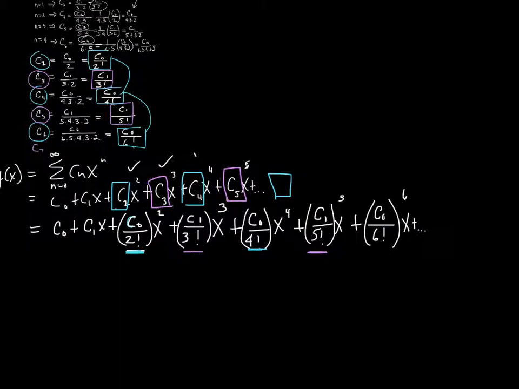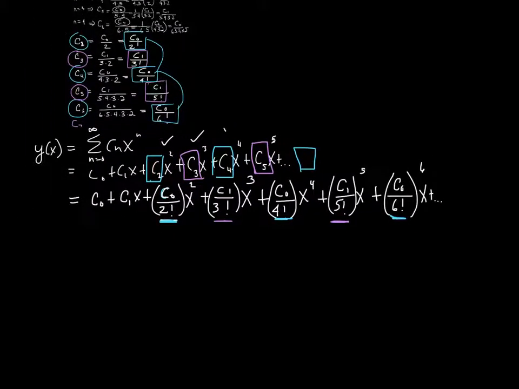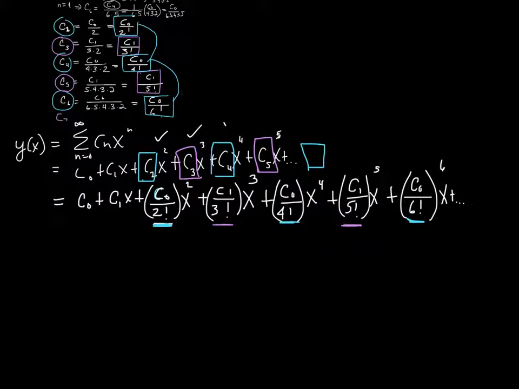Okay, so notice we have this blue purple pattern. So we're going to write a familiar elementary function in terms of C naught and C1. I'm going to go ahead and rearrange the purples and the blues. You don't have to, but I think it makes it easier to see this.